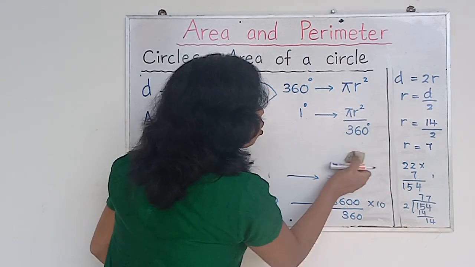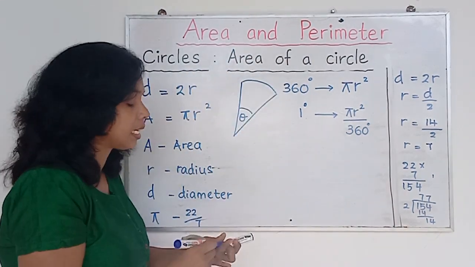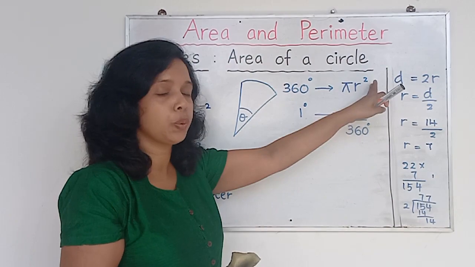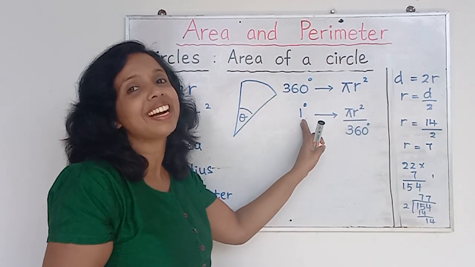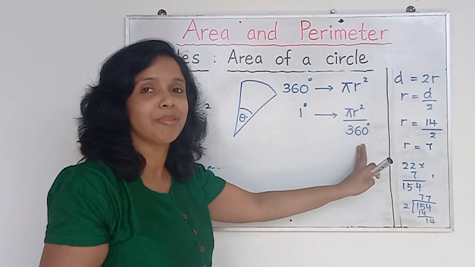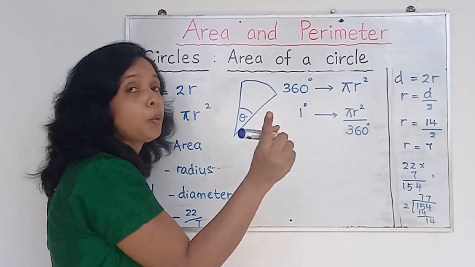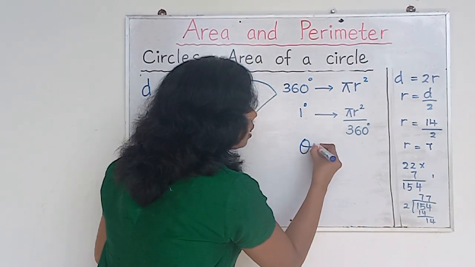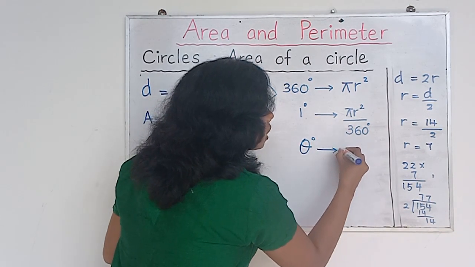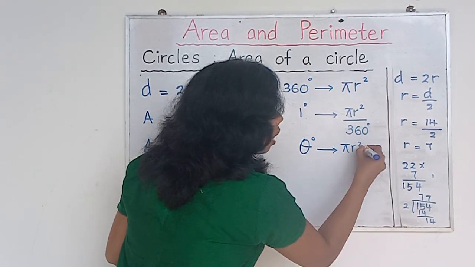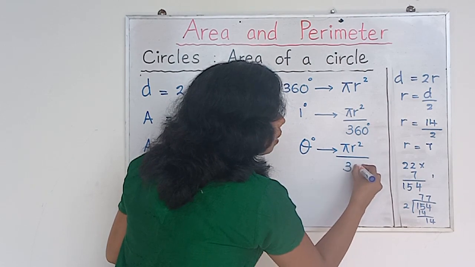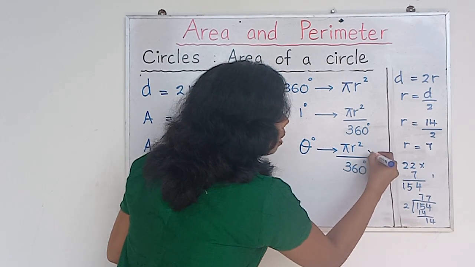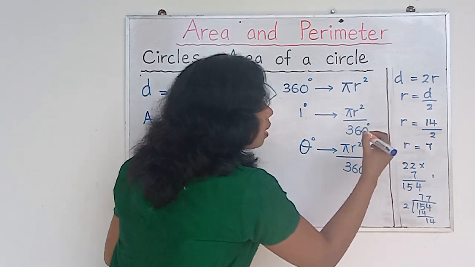Likewise, here also 360 covers πr squared. Then 1 degree covers πr squared divided by 360. I am not looking for just 1 degree. I have theta degrees. How can I find theta degrees? It is πr squared divided by 360 degrees multiplied by whatever the theta degree value.